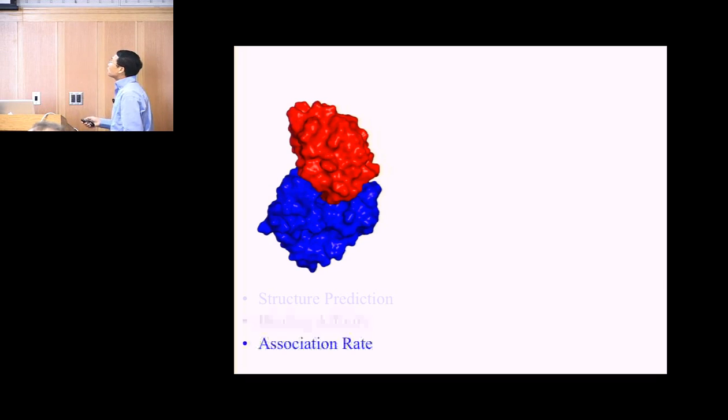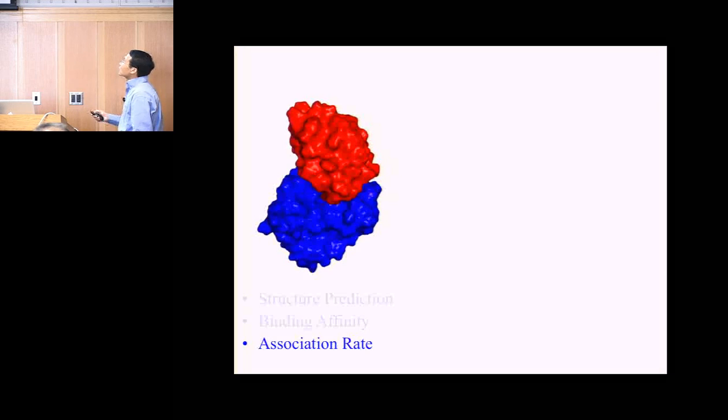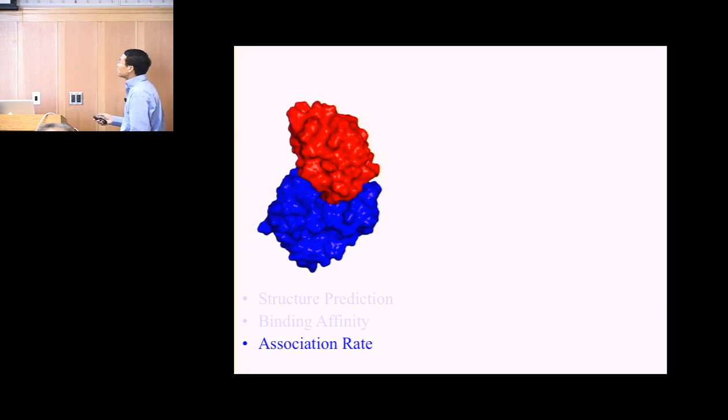But today I'm going to focus on the kinetics of protein association, that is the calculation of rate constants of association between proteins. Much of this work has been done under dilute conditions, as many studies of protein interactions are.